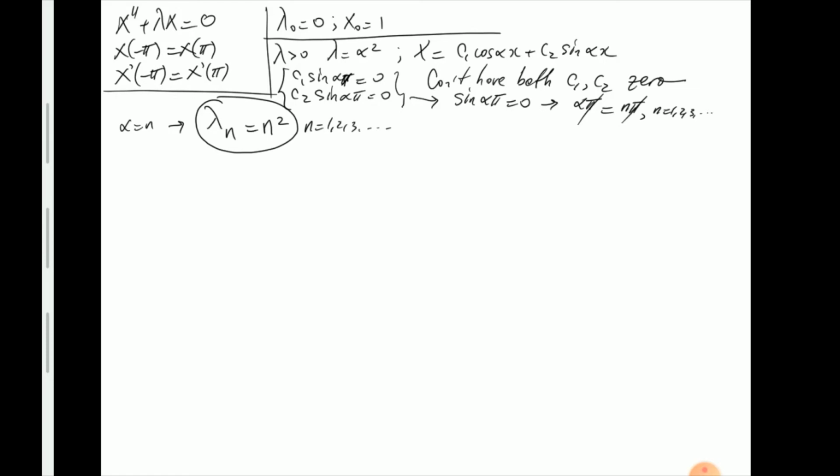So we cannot have both of them equal to 0, but notice that we definitely can have either c1 or c2 equal to 0. In other words, there is no reason to exclude either cosine of alpha x or sine of alpha x.